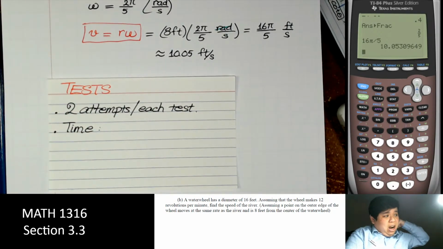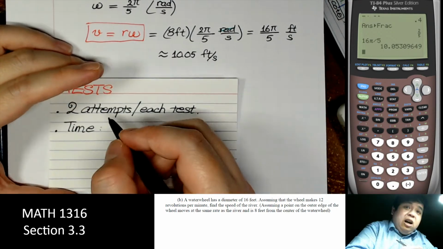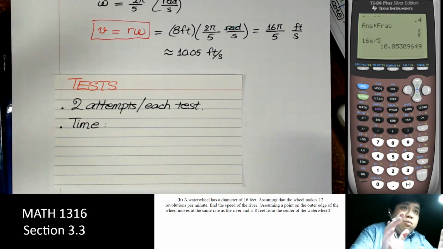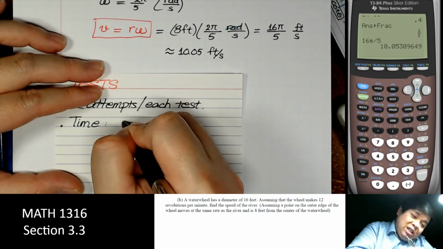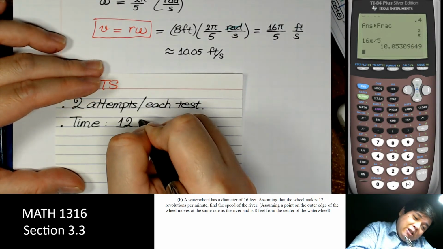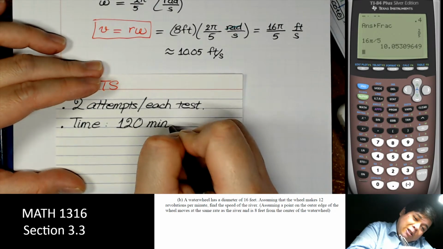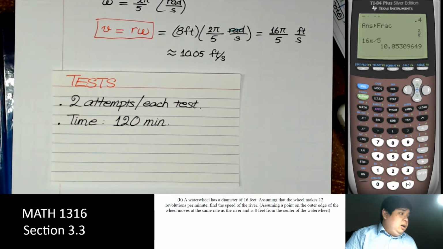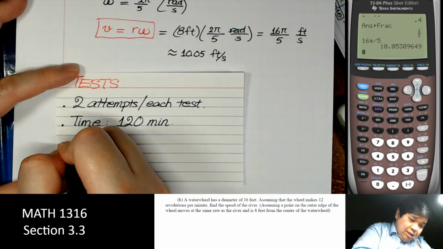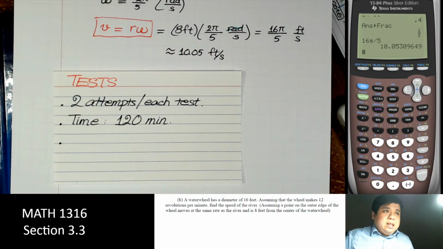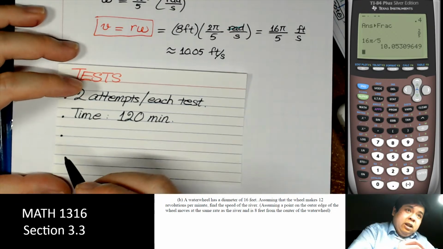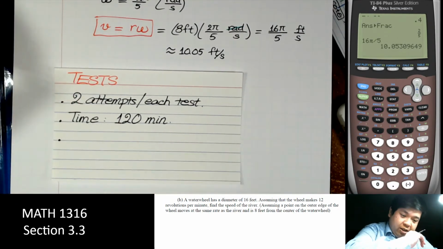At first I thought about 90 minutes, but just in case my MATLAB has any slowness to it, I'll make it 2 hours. Then the number of questions, usually anywhere from 20 to 30. The first one, I think, 25 questions on the first test.